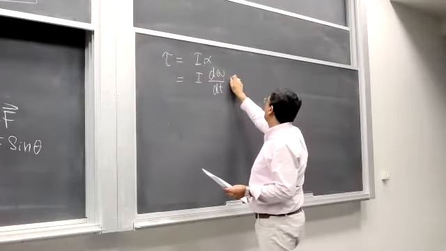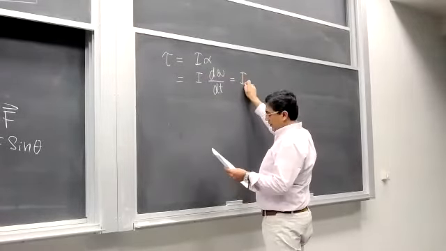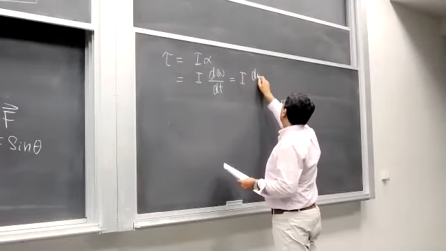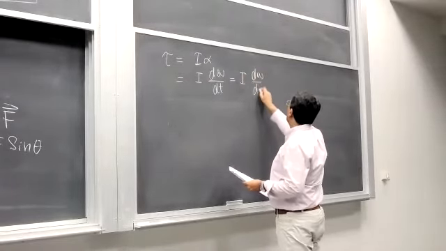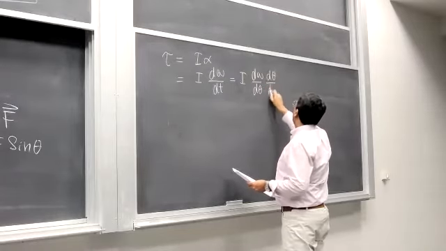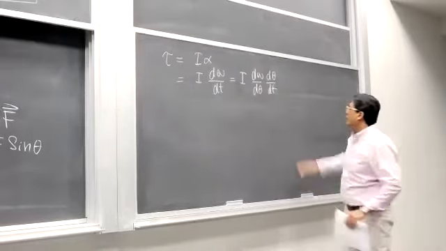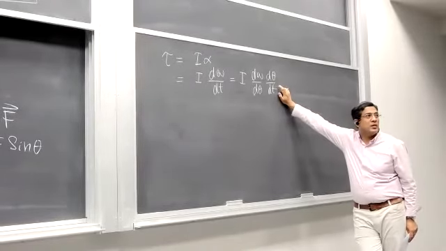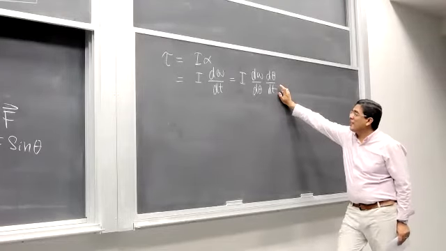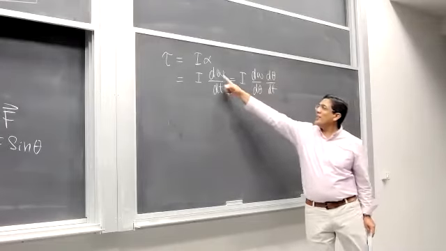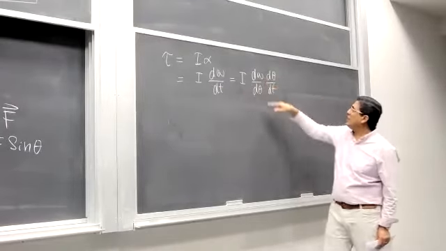And you can further write this using the chain rule, d omega over d theta times d theta over dt. Let me know if you're not comfortable with this manipulation. You can just think of this as having multiplied and divided this whole thing with d theta, and then rearranged things.